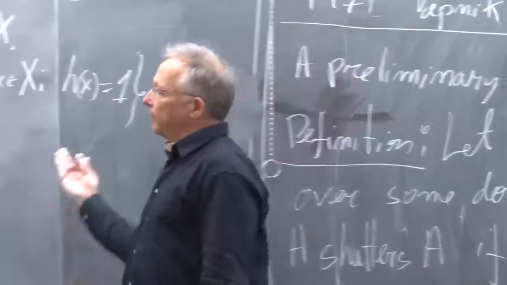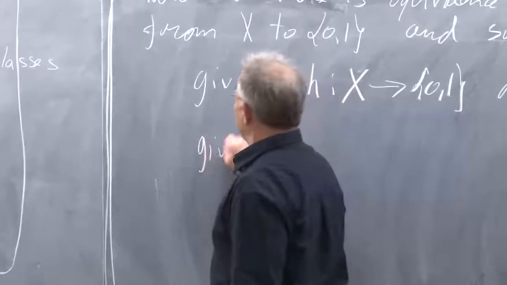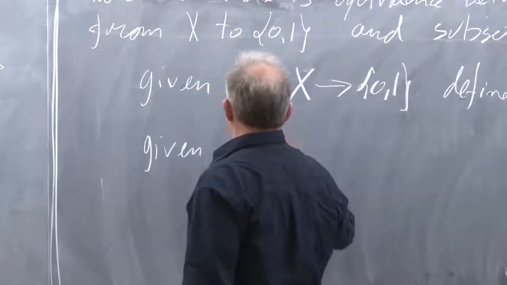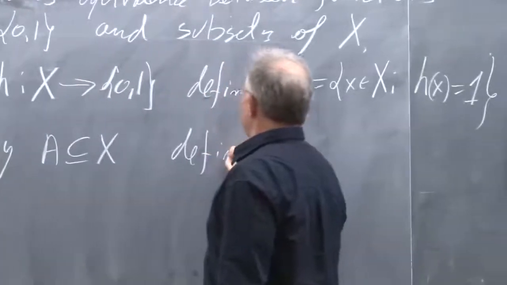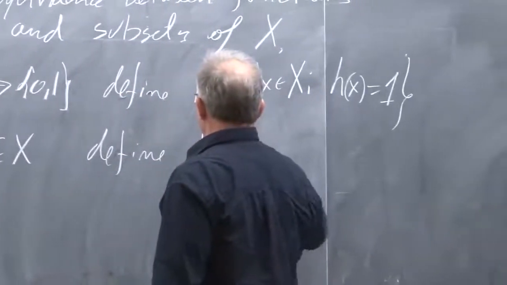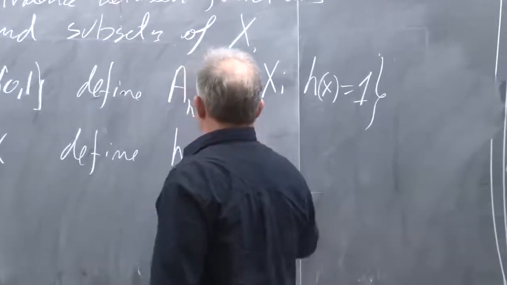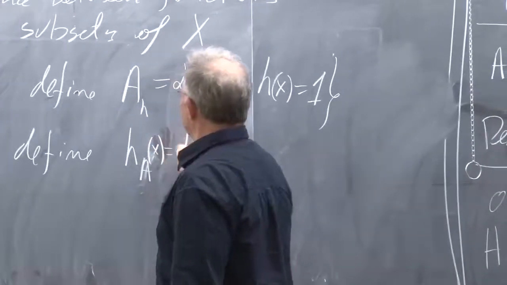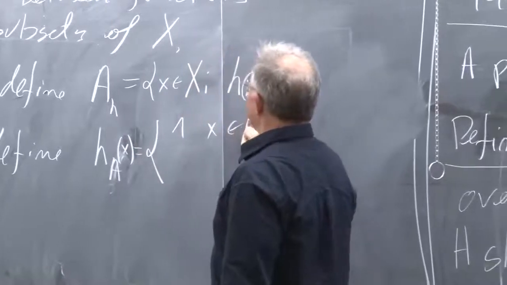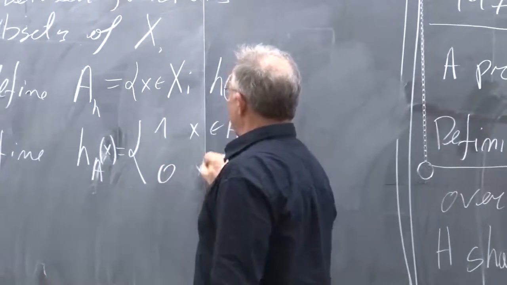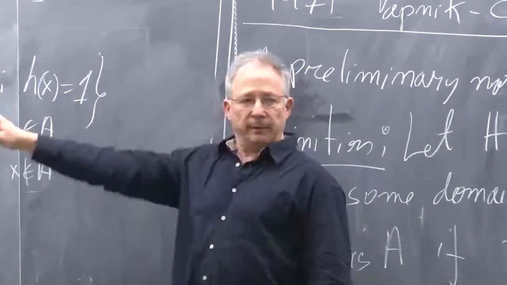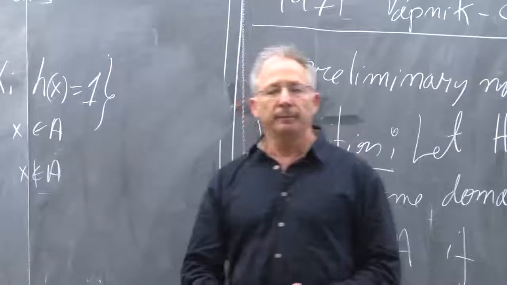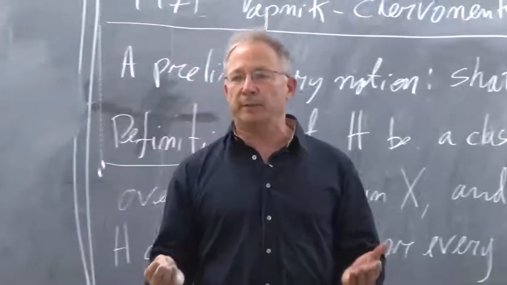Right? And given, and I can go backwards. Given any subset A of X, I can define a function HA that will be HA of x will be 1 if x is in A and 0 if x is not in A. And we can see that this mapping is a perfect matching between those two objects.